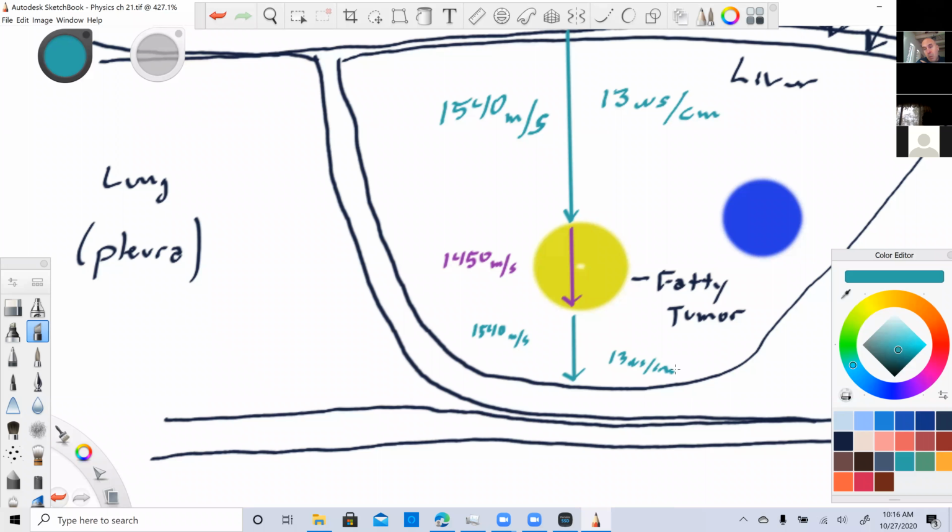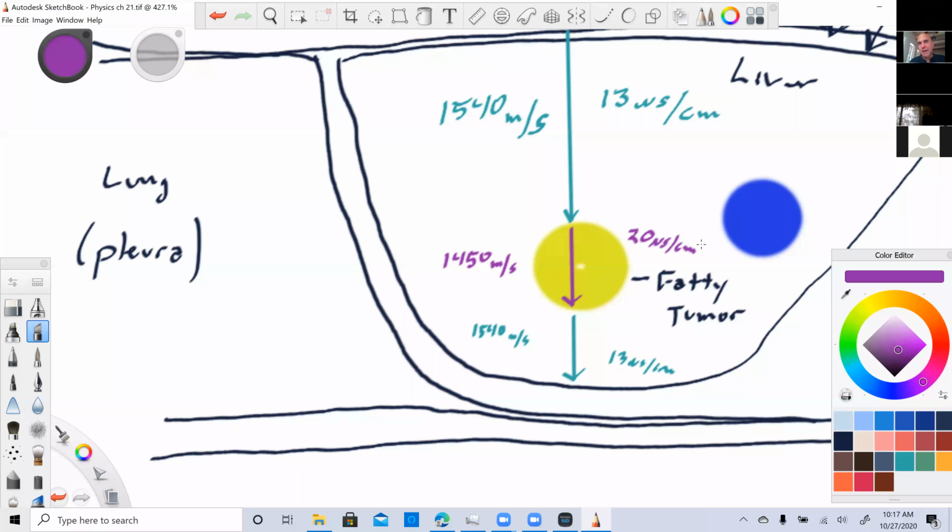But here, if it's slower for 1 centimeter, it's going to take more time. I don't know what the real number is. We'll just make it even and say 20 microseconds per centimeter. Because it's slower, it takes more time.